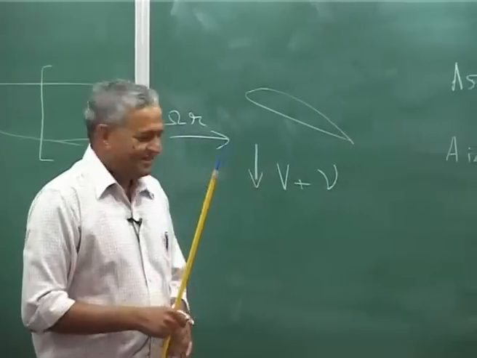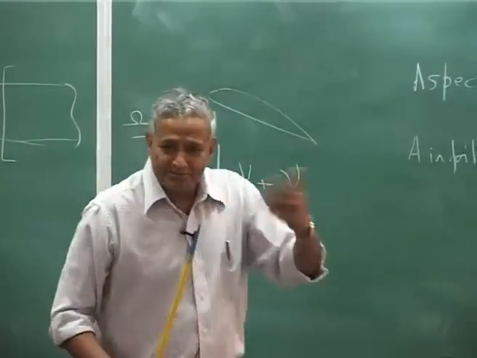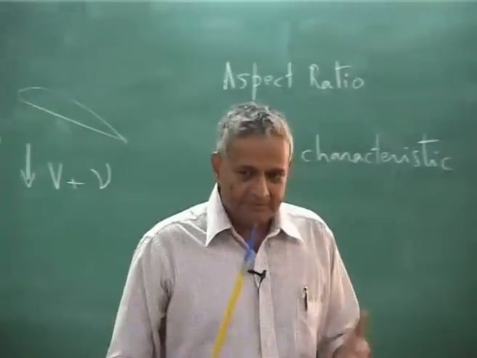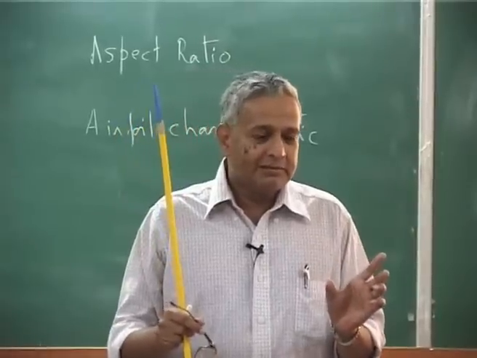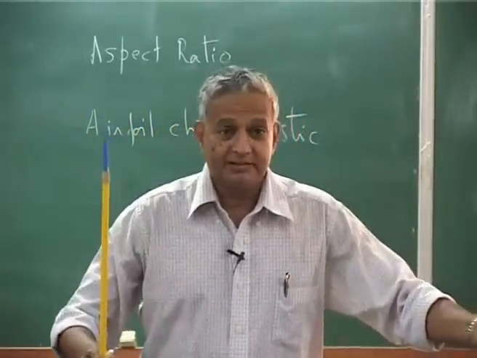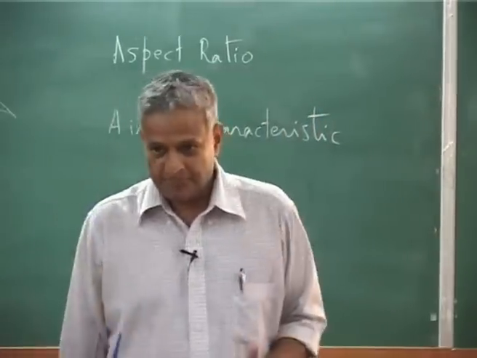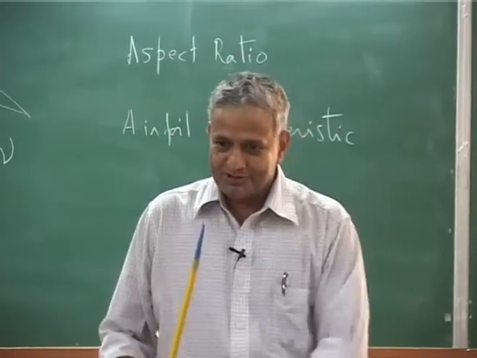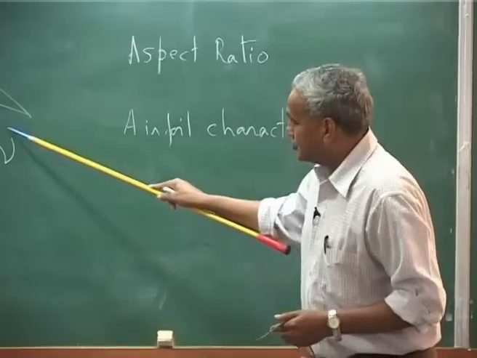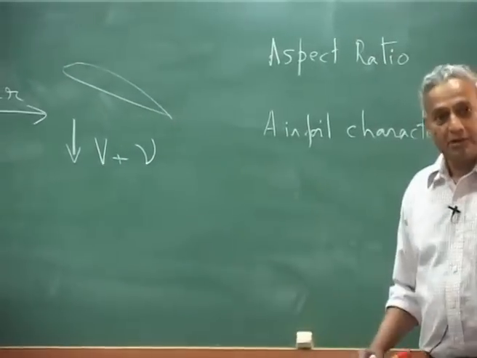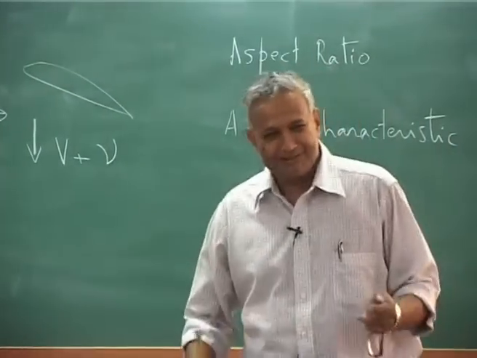They said we will take the induced flow from momentum theory or something like that, and they started using the aspect ratio effect too, but again there was a mismatch.